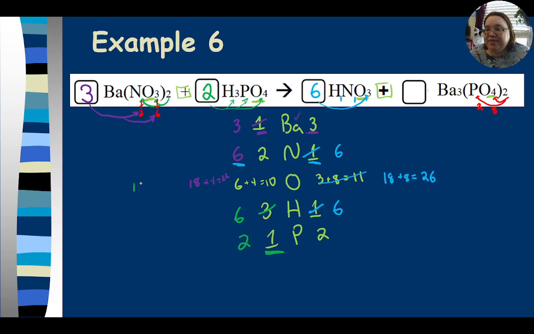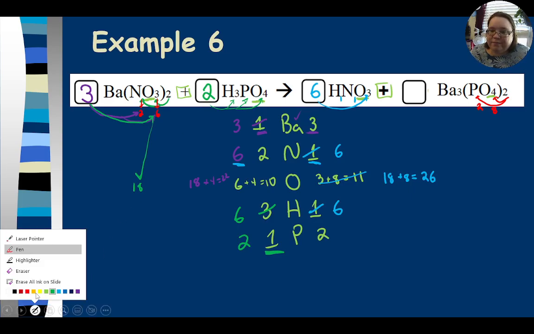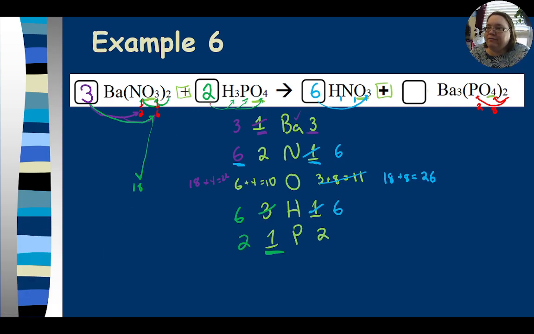So we still had the 18 from over here, 3 times that. And now we have to add 2 times 4. So 18 plus 8, 26.